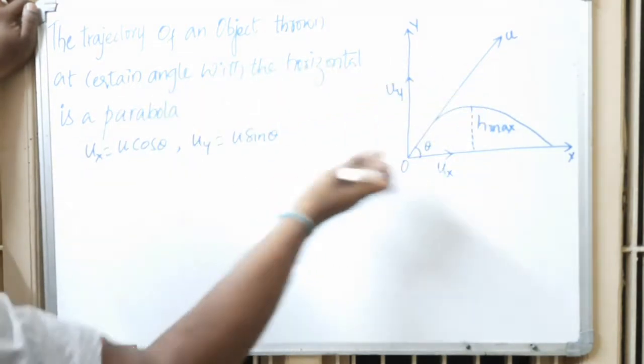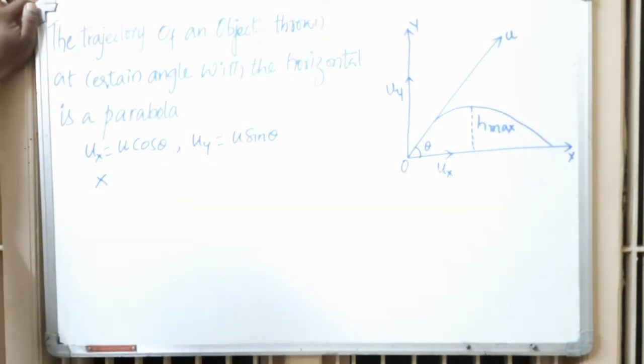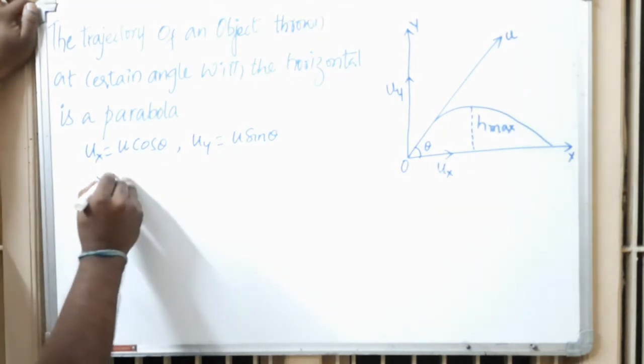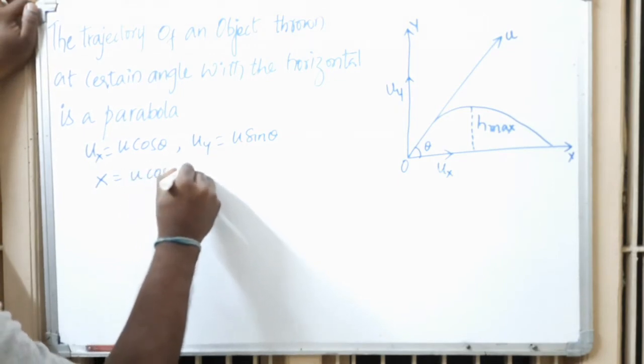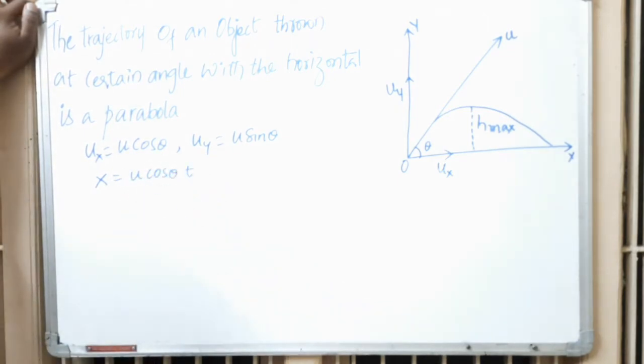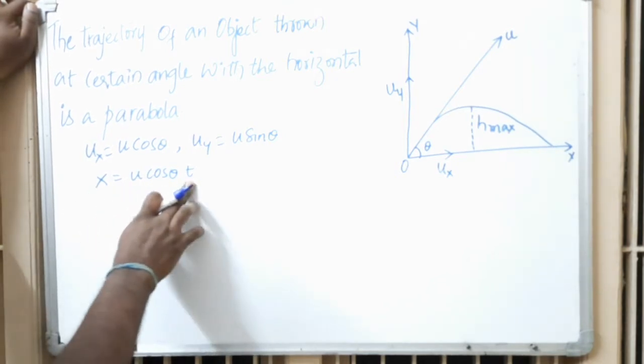Let us think, as the horizontal is the x-axis, the distance traveled I am denoting with x. That is equal to u cos theta t. How did we get this? If it is a distance, this will be the velocity, this will be the time.